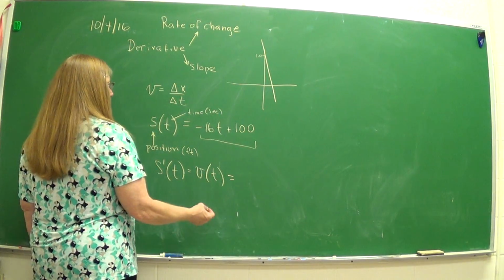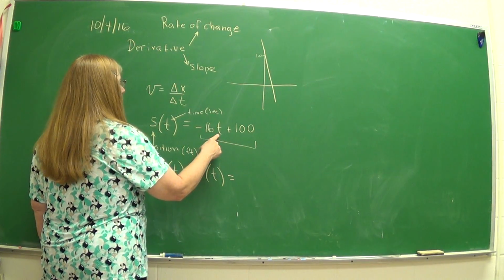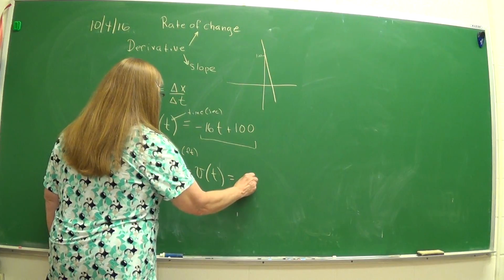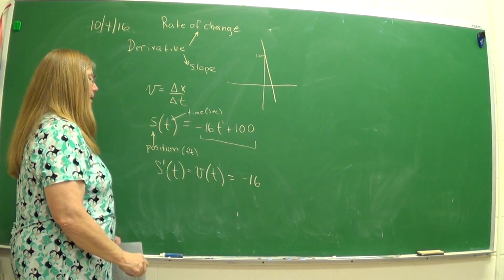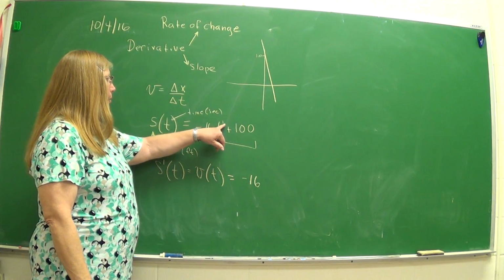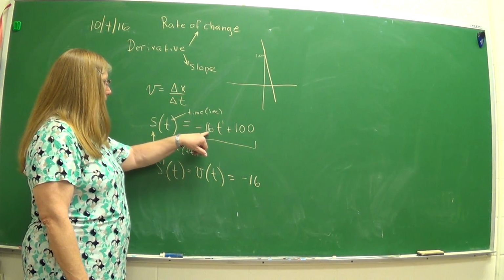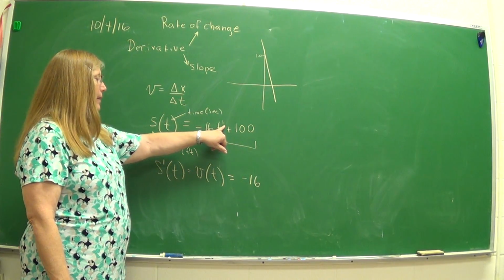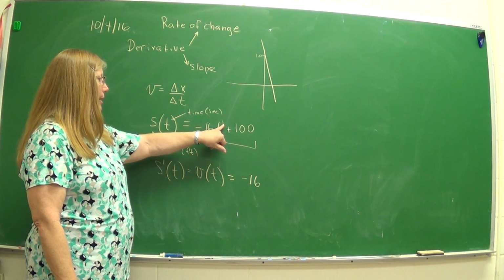Well, using the power rule, we know the derivative of negative 16t is going to be negative 16, because t is written with an unwritten exponent of 1. So the 1 runs down in front and combines by multiplication with the negative 16. And then it reduces the exponent by 1, which gives us t to the 0.